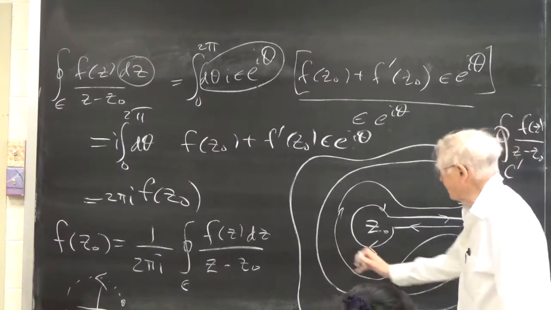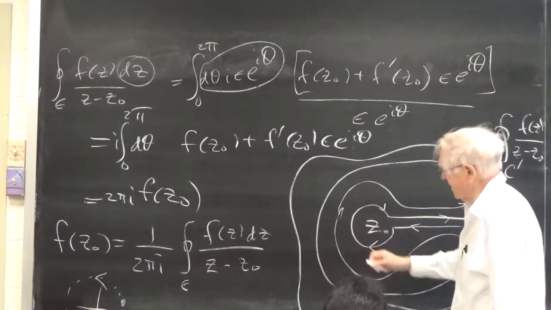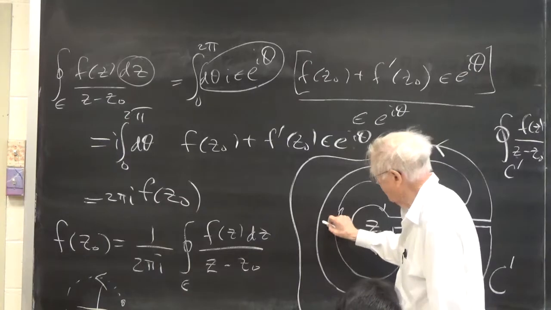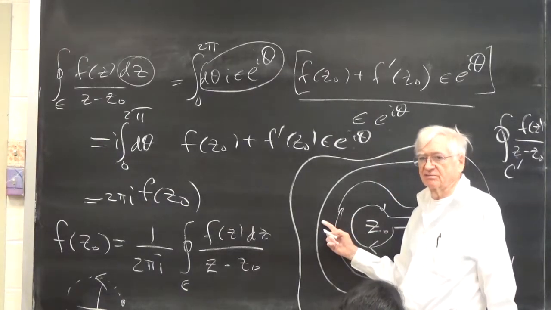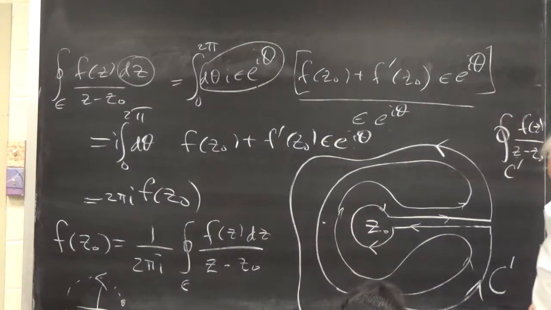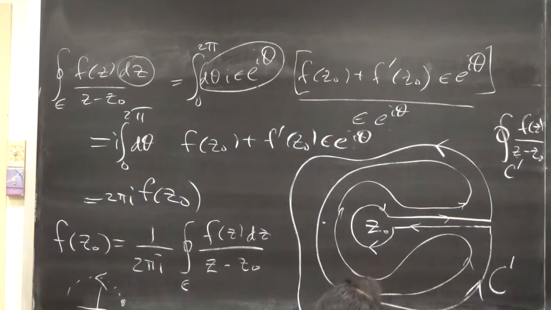And then we can shrink these back and shrink these back until finally we have nothing more than an infinitesimal integration here, and that's going to be 0. So what we conclude then is that this is actually equal to 0.